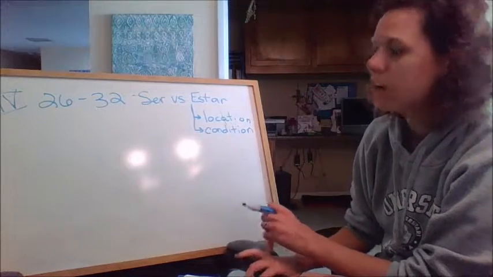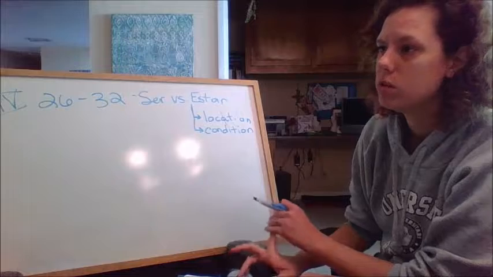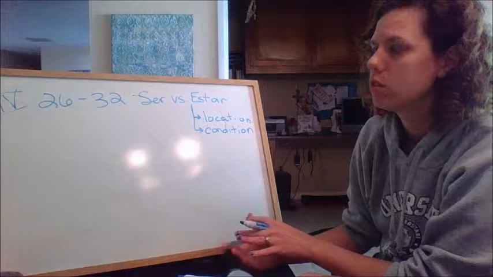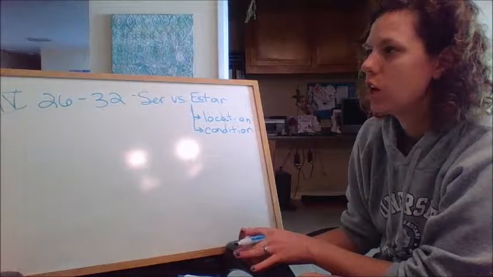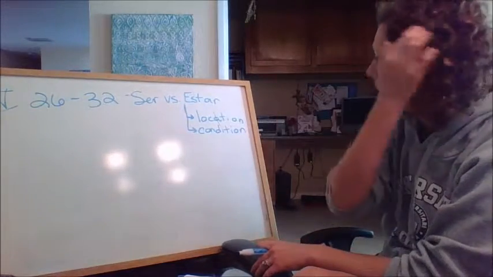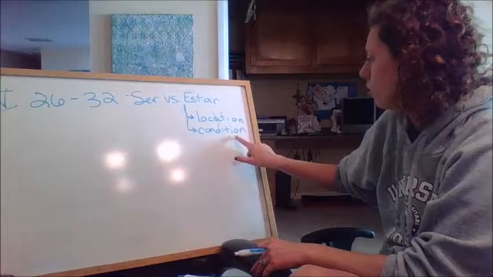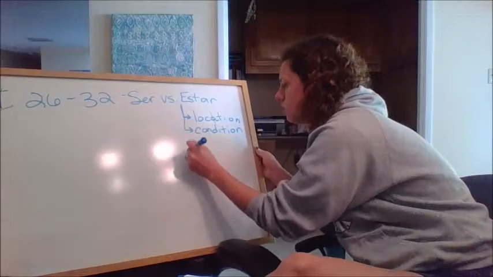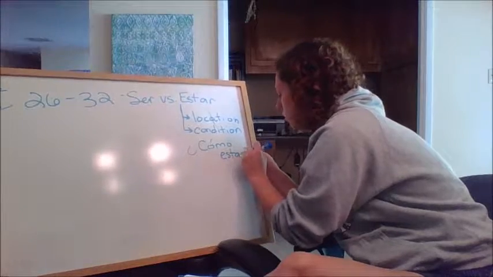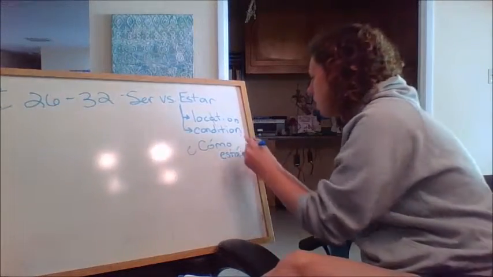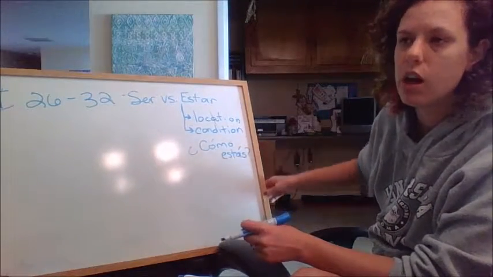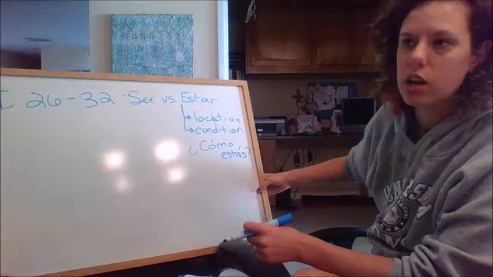Okay, it's like profession, relationship, time, what something's made of, where somebody's from, nationality, like a description or identification. So yeah, location and condition. One key word for condition is like cómo está or cómo estás. This is like if I asked you cómo estás, you would say bien, estoy bien, or estoy cansado, or estoy triste.